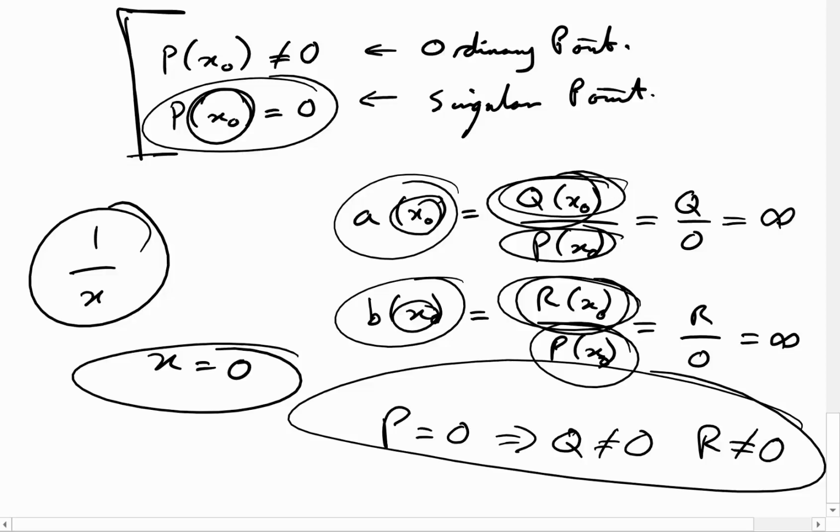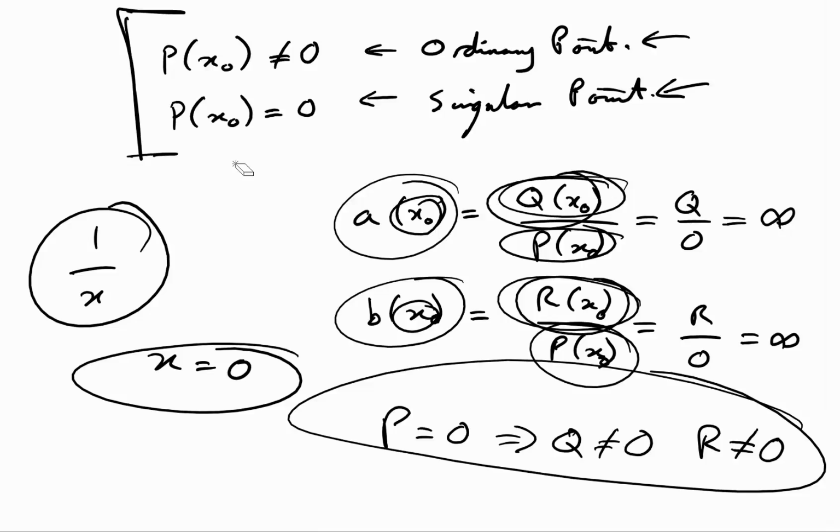But essentially, all I want you to get out is that if it's an ordinary point, it means that we can evaluate a solution to the second order ODE at that point. If it's a singular point, we end up with something that goes to infinity, so it becomes unbounded, and therefore we can't really talk about a solution at that point just yet. We'll come back to this later on.